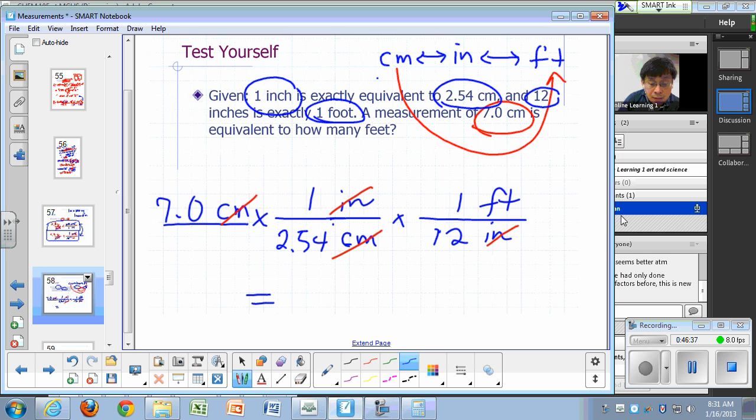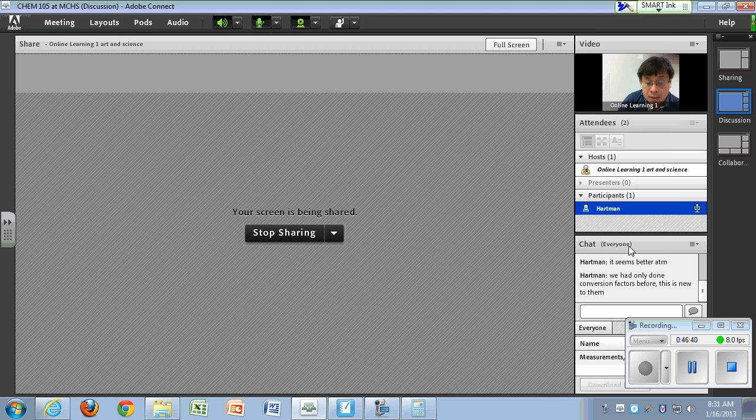What is it? Can someone type it in the chat box?